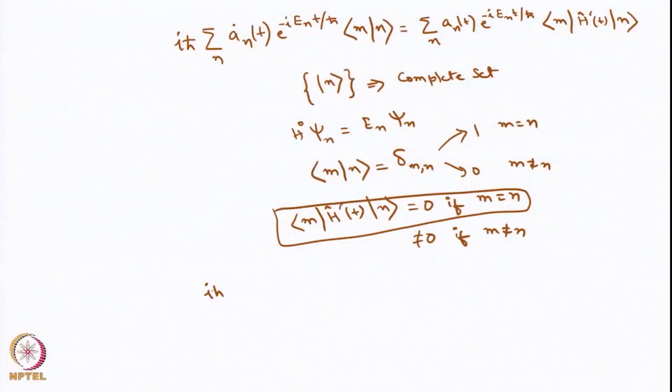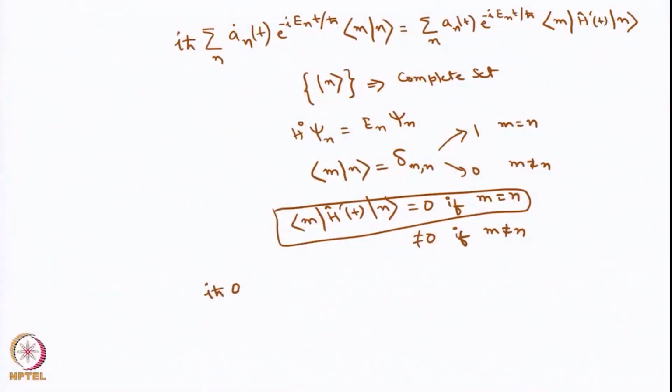So, based on this, the equation will turn out to be i h bar. Now, we can drop the summation because the left hand side of the equation will only survive when m is equal to n or n is equal to m. In that case, you will get a m dot of t e to the power of minus i E m t by h bar, and the integral of psi m psi m will go to 1.